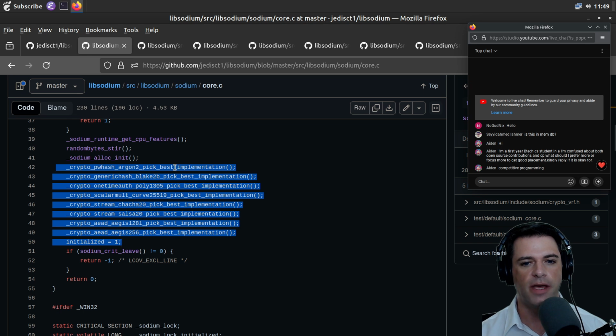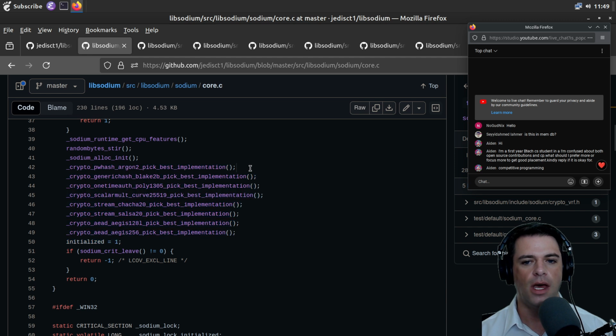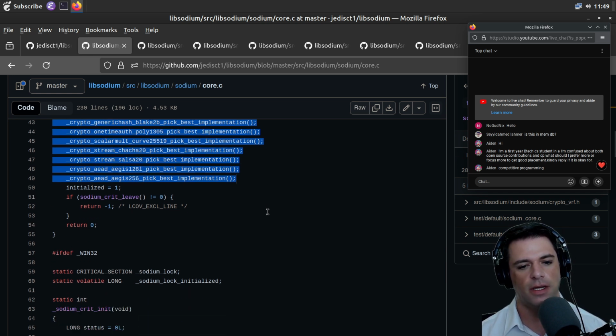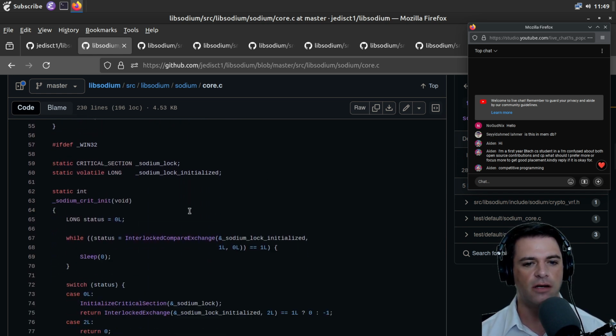So Argon 2, pick best implementation, Blake 2B. And so these things might matter a lot, maybe for constrained environments like embedded devices, where you might have something like mbed TLS, which is going to be a smaller implementation of TLS as opposed to something like OpenSSL, which is the kind of standard implementation.